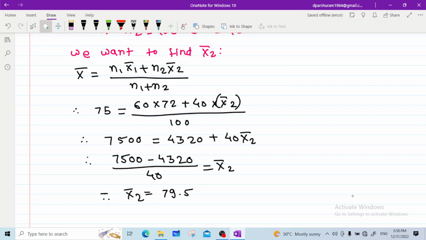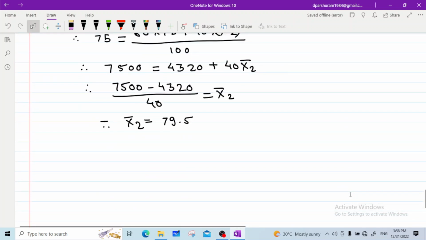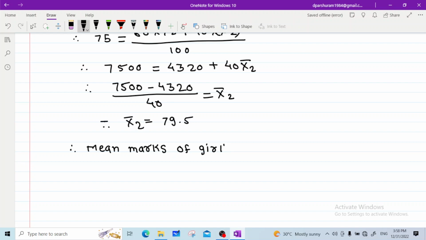That is, the mean marks of girls are 79.5. Therefore, the mean marks of girls are 79.5.